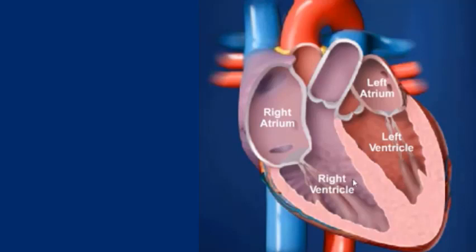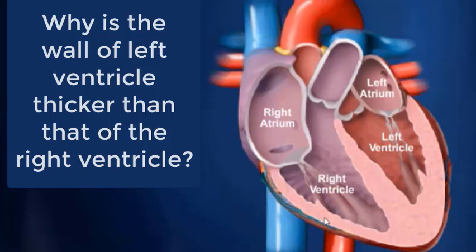If we make more examination between the left ventricle and the right ventricle concerning the wall, we can notice also a difference between them. I can notice that the wall of the left ventricle is thicker than the wall of the right ventricle. So please think about the reason in this case also. So pause the video and think about the reason.